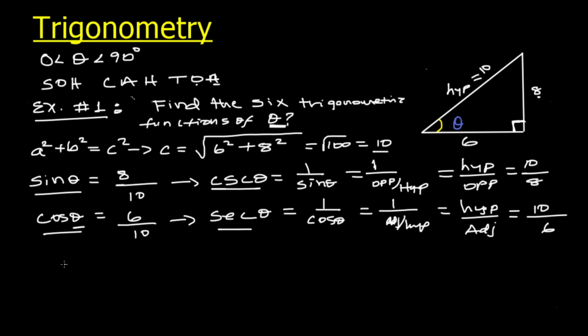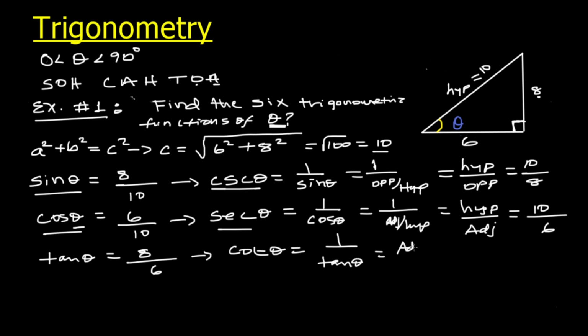So the last 2 relationships: tan theta equals the opposite side, which is 8, divided by the adjacent side, which is 6. And cotangent theta is 1 over tan theta, which is equal to the adjacent side over the opposite side.